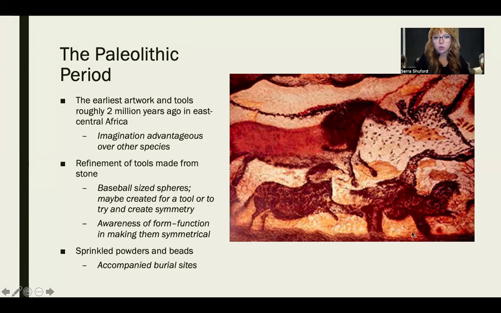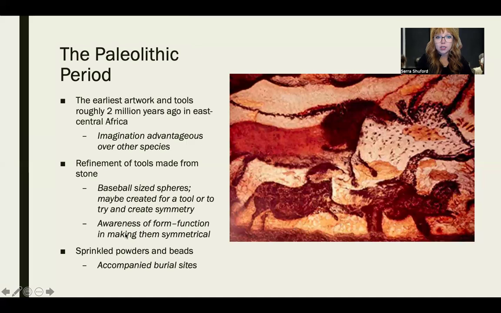It's really just learning to refine tools. There's an awareness at this point of form and function. In order to carve something pointy, that is a formal choice to make that item more functional, which a lot of the time has to do with art as well. So, this shows our imaginative advantage over other species.